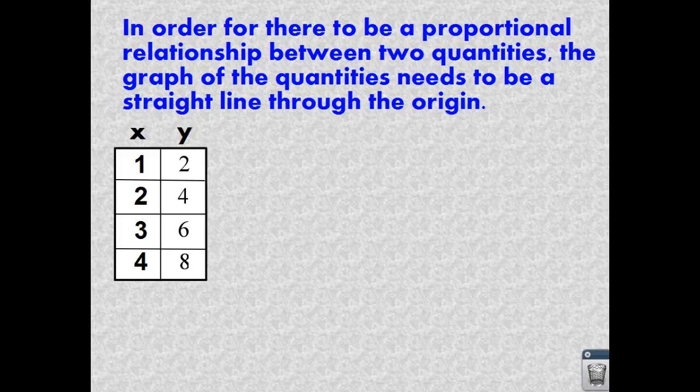That's very important to understand: whatever our table of values is, the graph we're looking at is a straight line, and it goes through 0, 0 on a grid. We've been talking about coordinate planes. So that line must go through the origin.